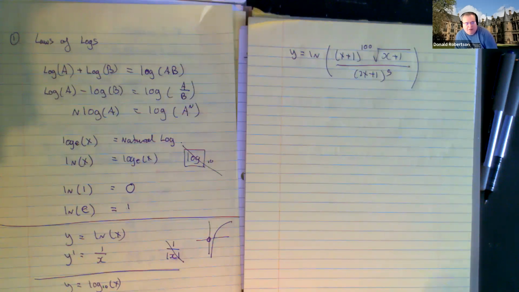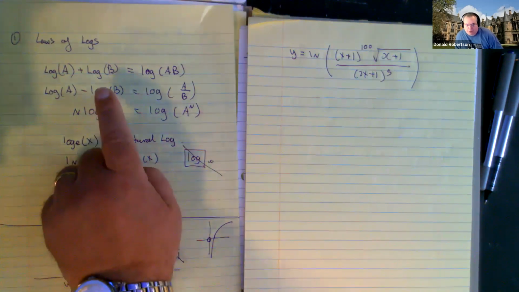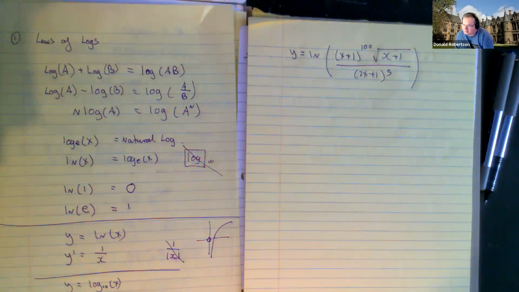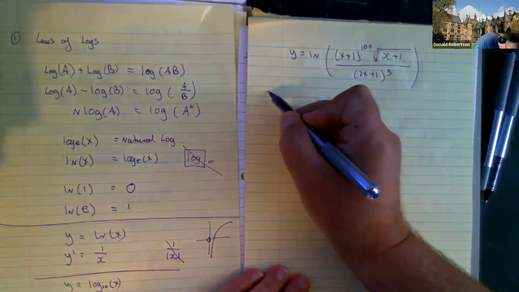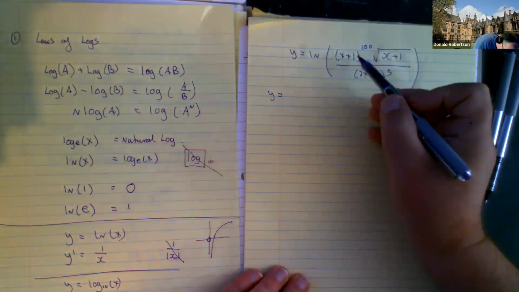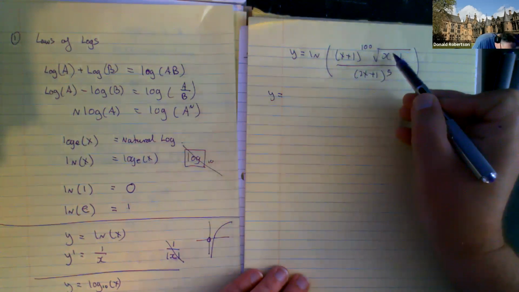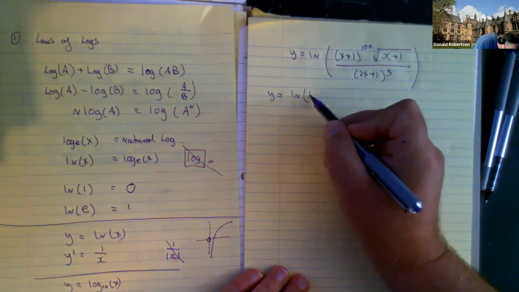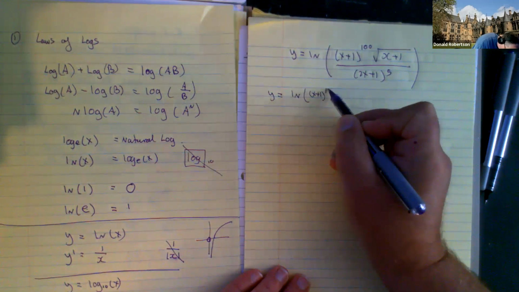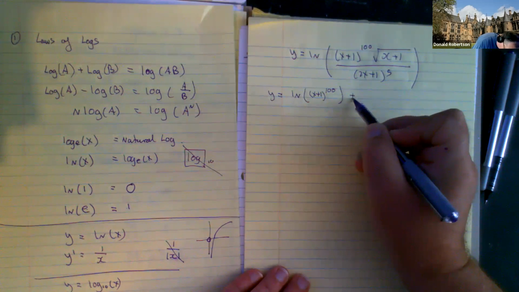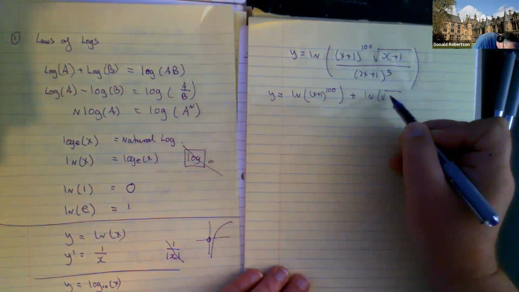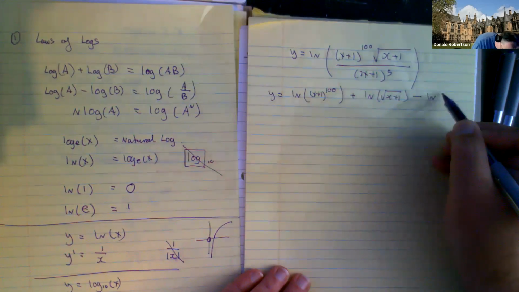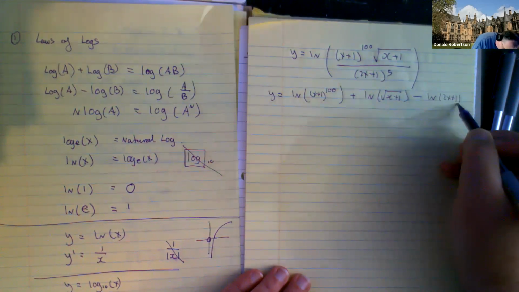Right. But we have seen this before. Can't we use these guys to make this guy much nicer? So we're going to do that. This guy times this guy divided by that guy. So that becomes the natural log of this one plus the natural log of that one, take away the natural log of that one.